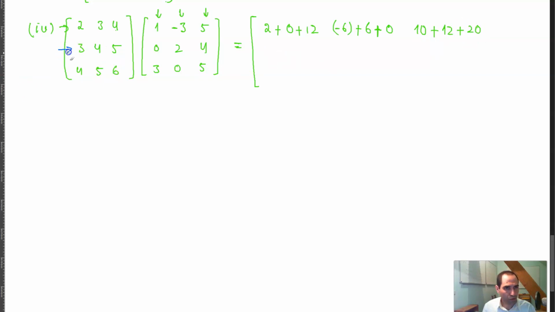Then this row times this column, you'll get 3 times 1 is equal to 3, 4 times 0 is equal to 0, 5 times 3 is equal to 15. This column, 3 times negative 3 is negative 9, 4 times 2 is equal to 8, and 5 times 0 is equal to 0. This column, you have 3 times 5 is equal to 15, 4 times 4 is equal to 16, 5 times 5 is equal to 25.